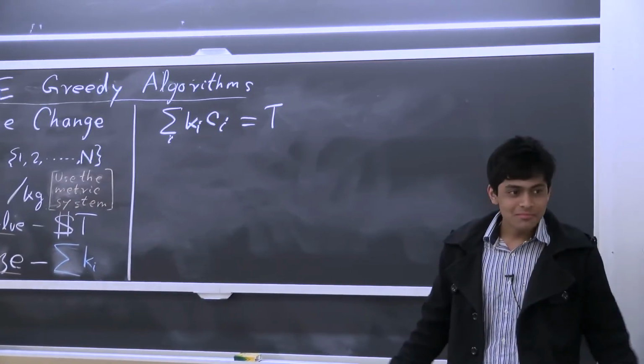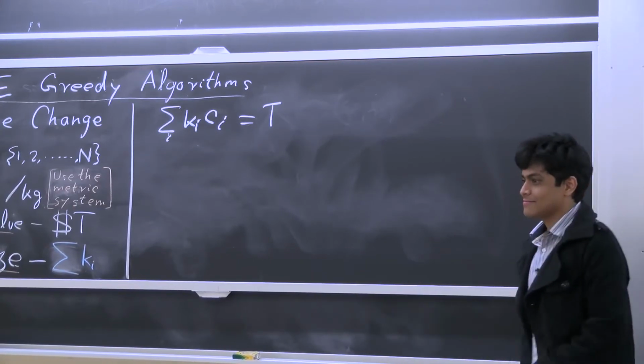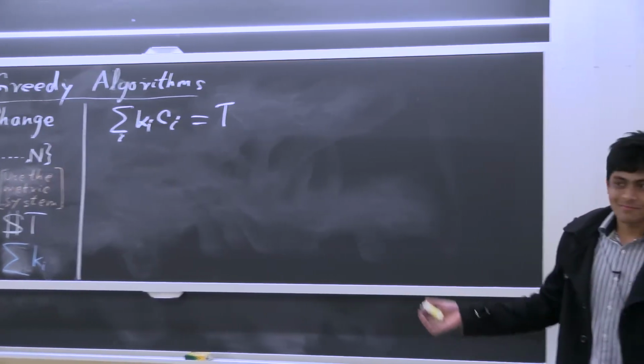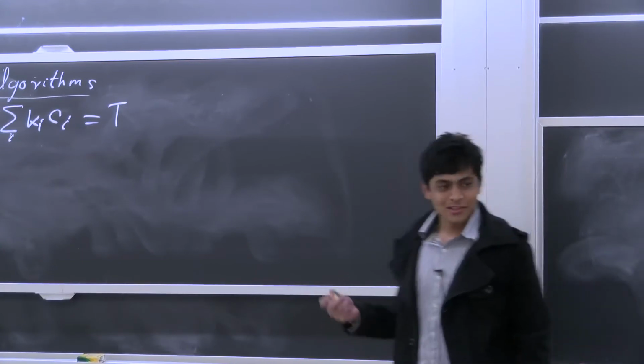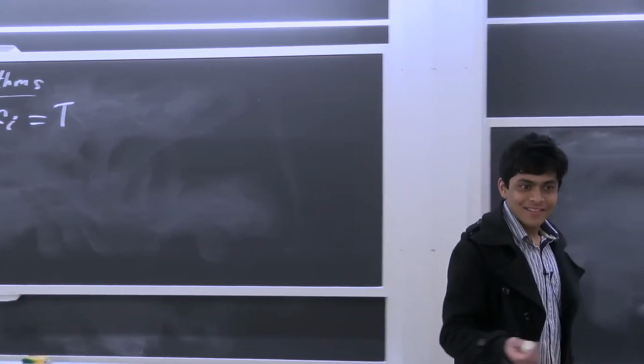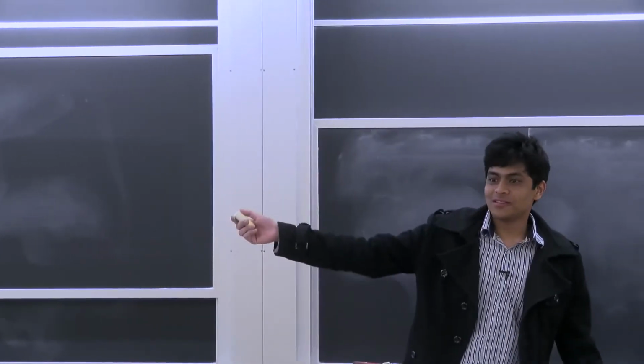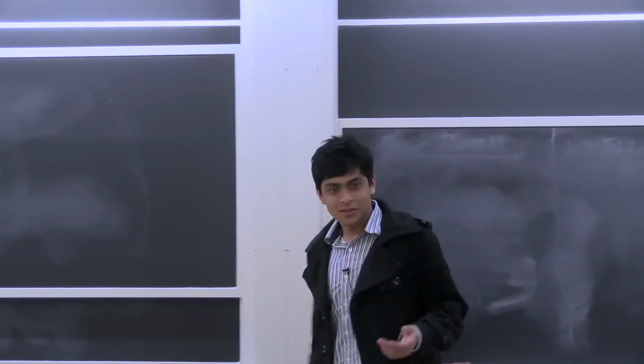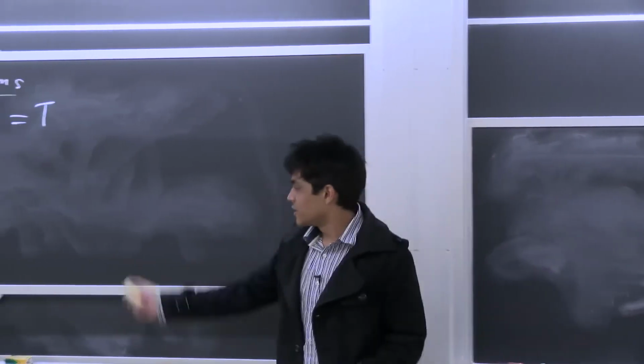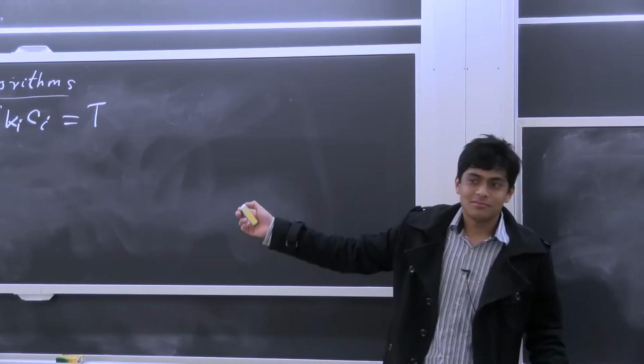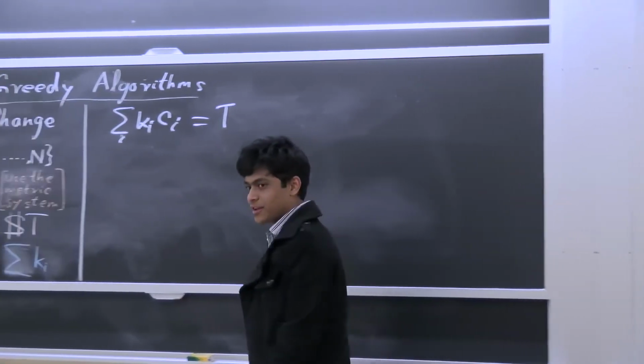It should be the first thing that comes to mind. You have a bunch of metals, some with certain costs, and you're trying to create a value T. Which metal would you want to pick?